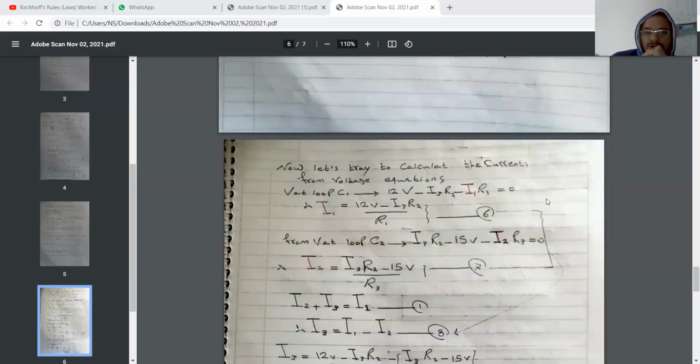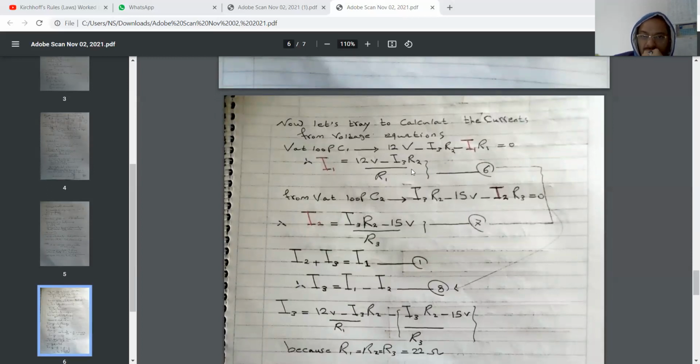Now let's try to calculate the currents from the voltage equations. Like I said before, we have 3 unknown currents, I1, I2, and I3. Now from the voltage equation at loop C1, we can calculate I1, what it equals, like we're seeing here. The author gives us the same resistance. All of them were 22 ohm, as I remember.